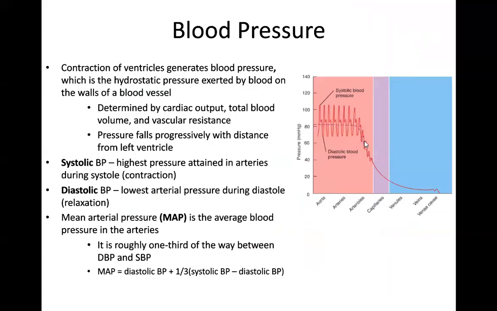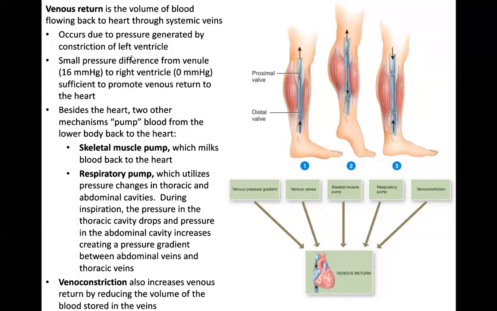And then we drop that pressure progressively all the way back to our heart. Once we get that blood into our veins, there's not a big change in pressure. In our venules, it's about 16 millimeters of mercury. Our right ventricle is about 0. That's still sufficient to promote venous return.